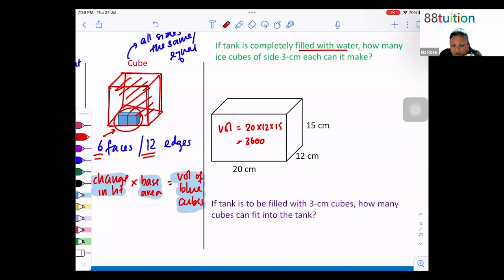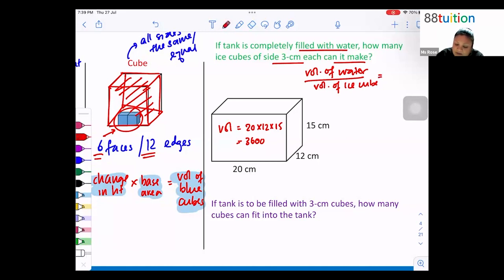Now, if you want to find how many ice cubes you can make, you take the volume of water divided by the volume of one ice cube.